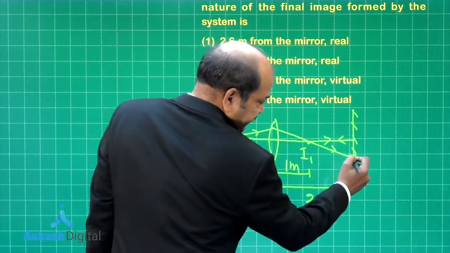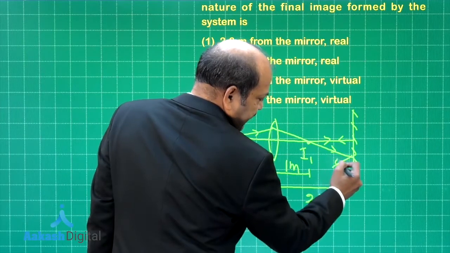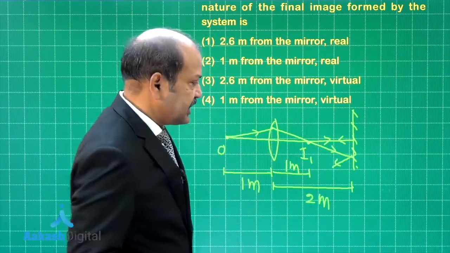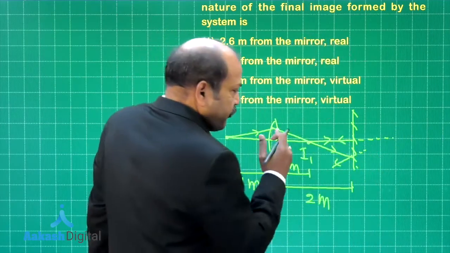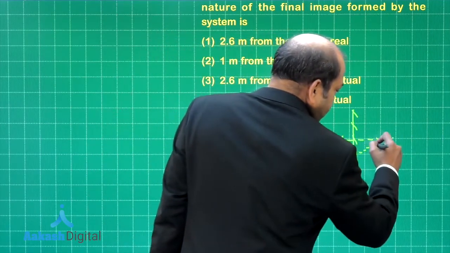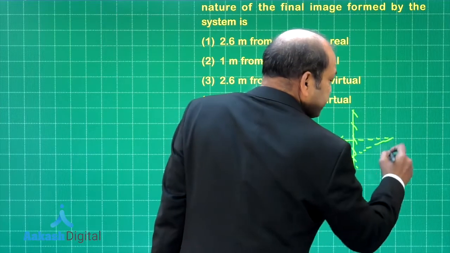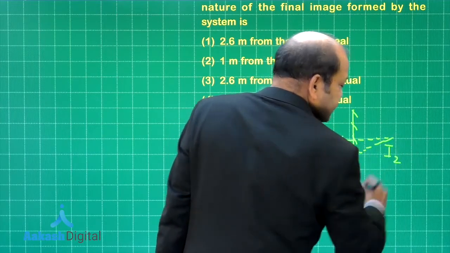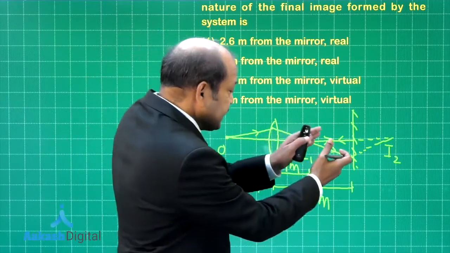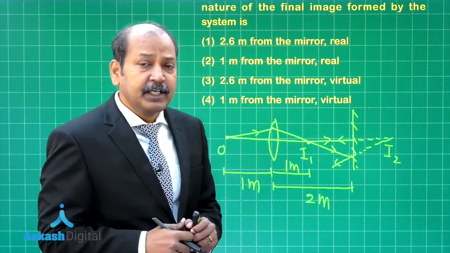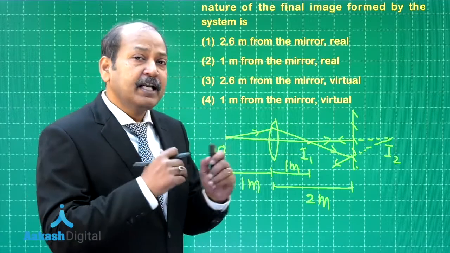Of course, this ray will travel in this way, and we assume that it is again passing through the lens. So, what is the position of I2? I2 being the image formed by the mirror, it is here, it is a virtual image, but now these reflected rays, when they pass through the lens, they will form a real image.